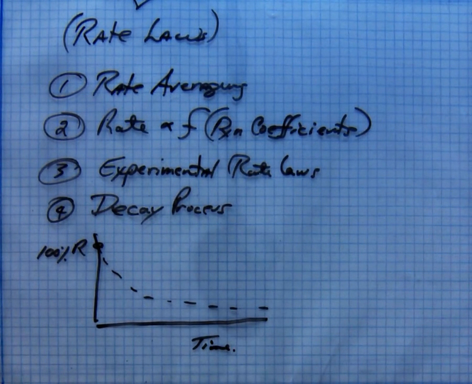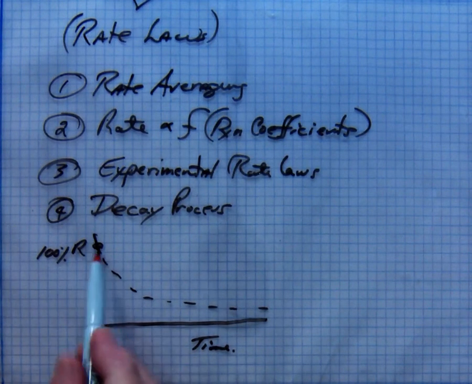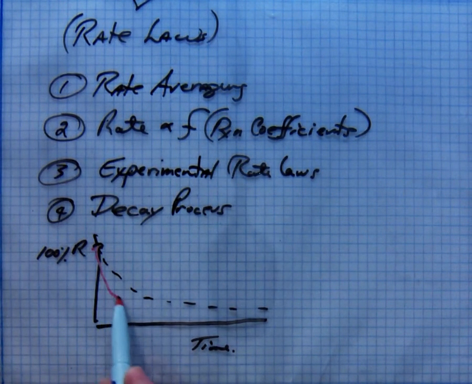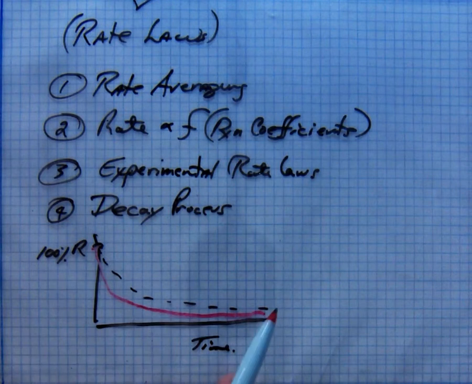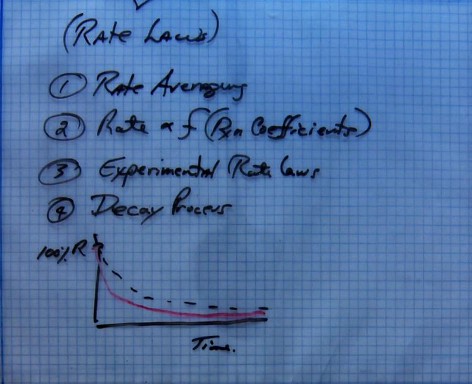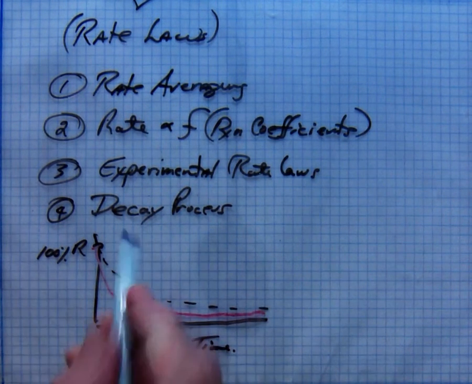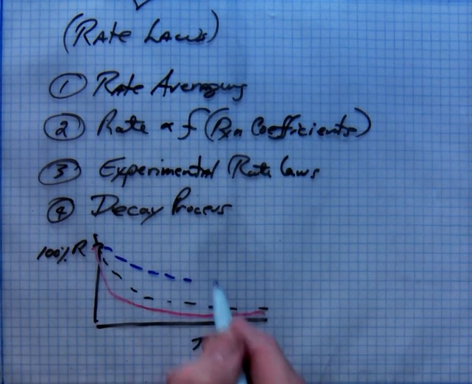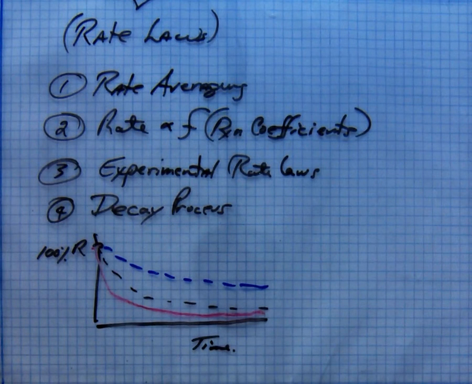What if you take a second reaction and you run it, and it does this? It starts out here and drops down real fast like that. Or if you look at a third reaction, and it kind of goes sluggish like that. Those have different rates, and they're classified in terms of a decay process, and we call those orders of reaction.